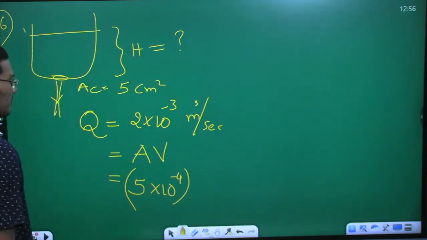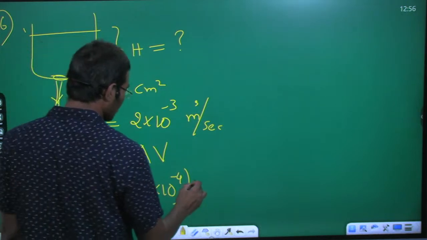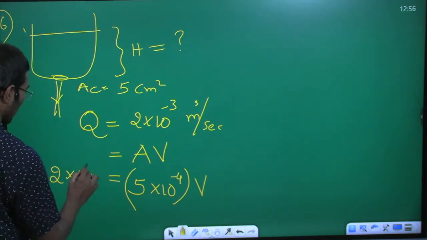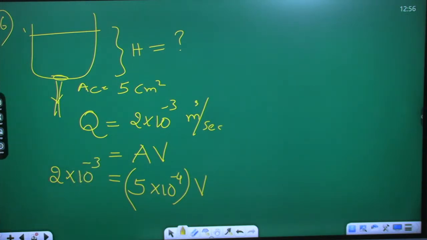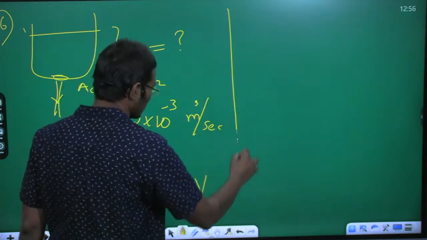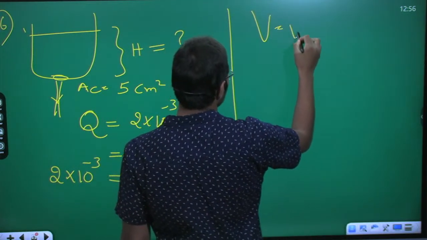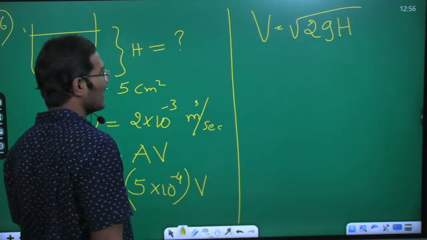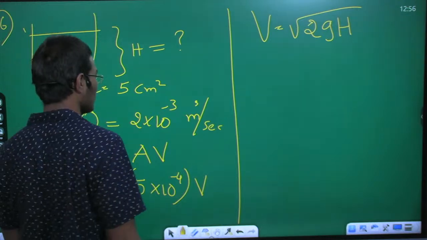Then flow rate we have 2 into 10 power minus 3. So how do you find height h using velocity v from fluid dynamics? This is what we got from the given data. We all know that from Bernoulli's equation, v is equal to under root 2gh. This is the direct output that we can take from Bernoulli.